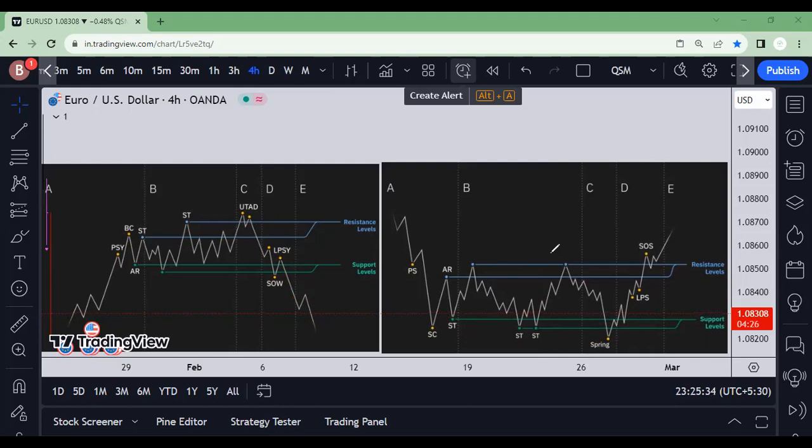That is a different and detailed discussion. But in a nutshell, there is an exchange of hands taking place between buyers and sellers. Demand is getting converted to supply here. Sellers, exchange of hands is taking place between sellers and buyers, from supply to demand.